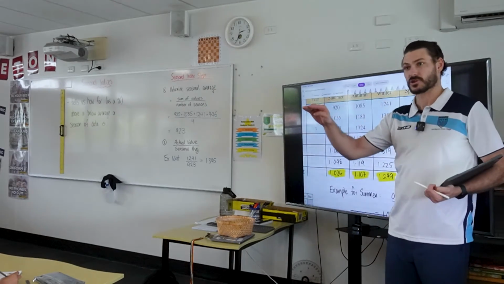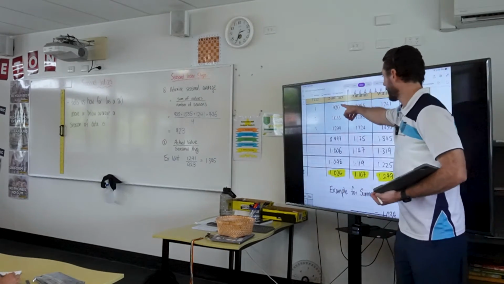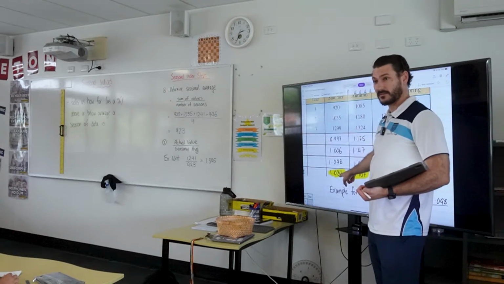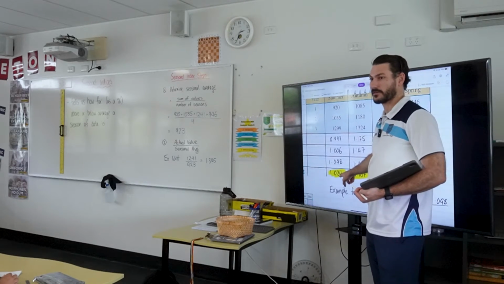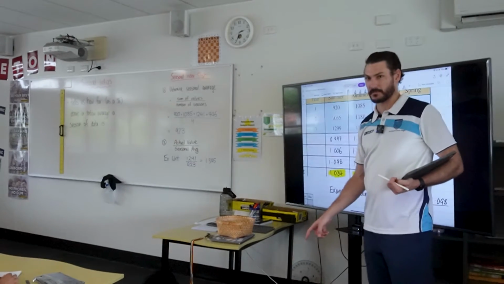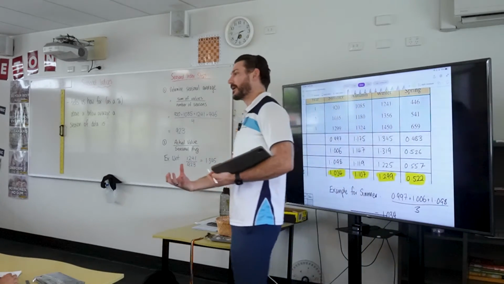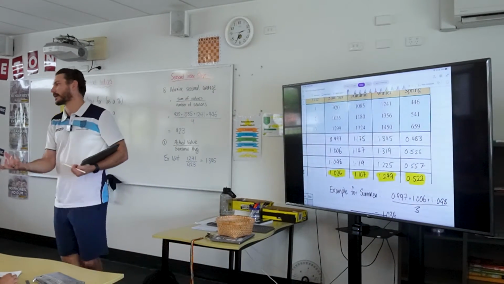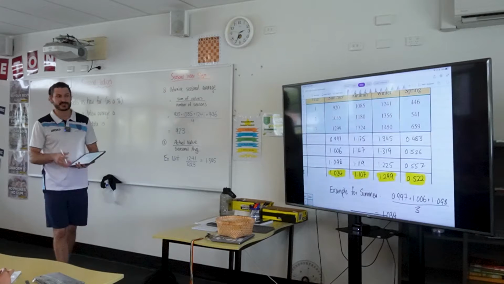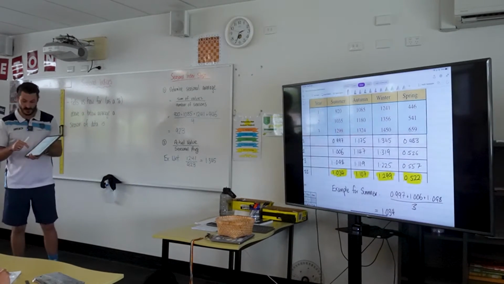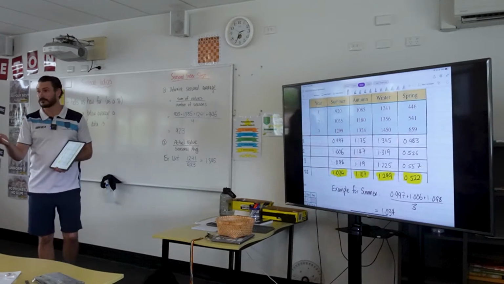I just get the average again. However, if I do 920 divided by this, it's not exactly 923. It's the average across all of the summers, which gives me a better picture of what summer is doing to my data.